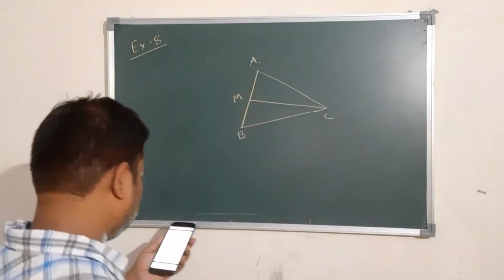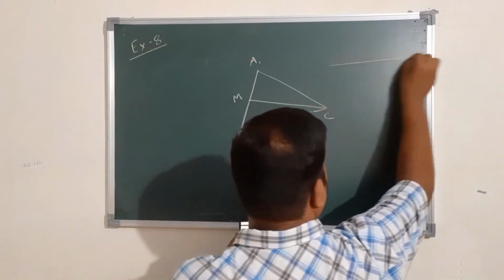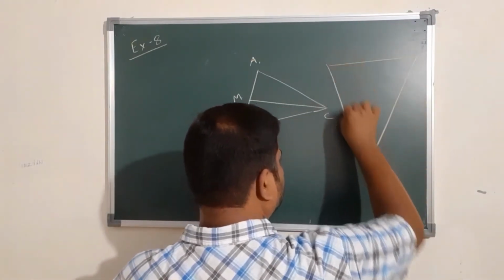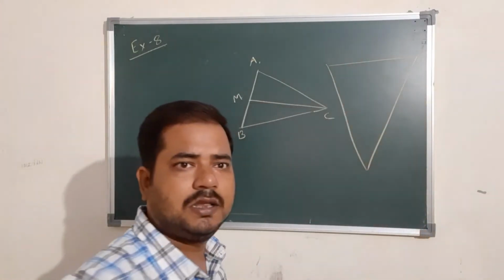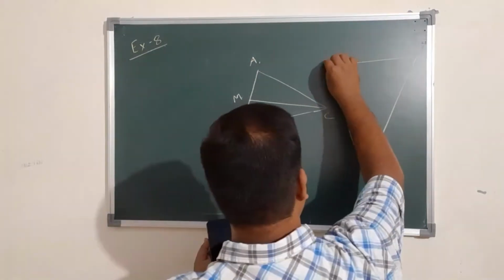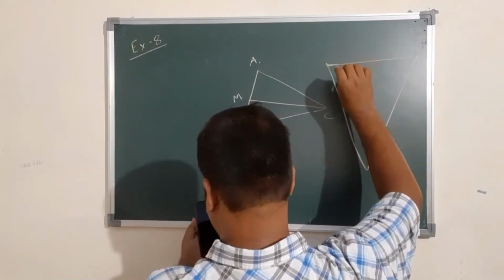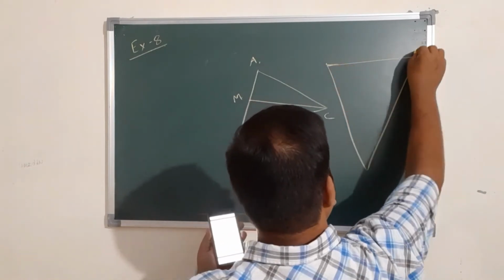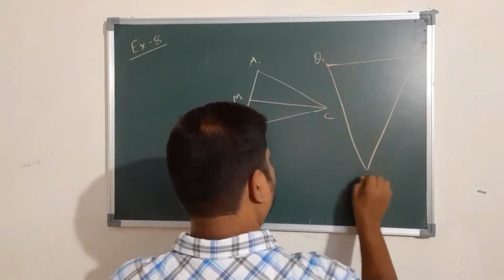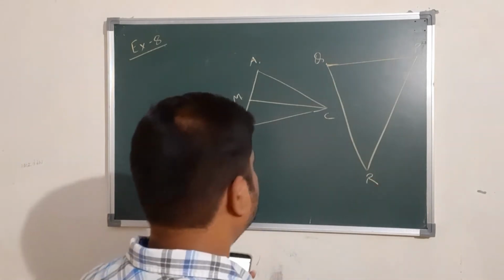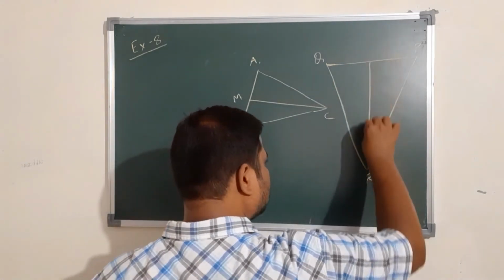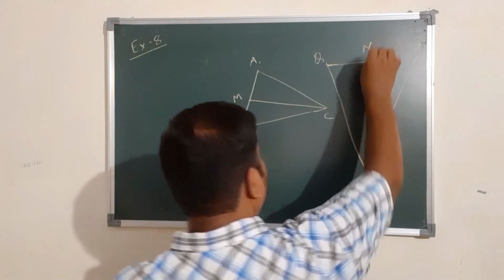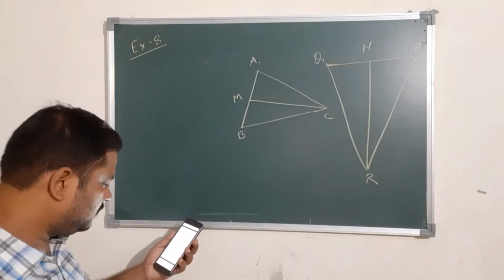ABC and M are there, and now this one is another figure, with points P, Q, R. This is N. So what are M and N?